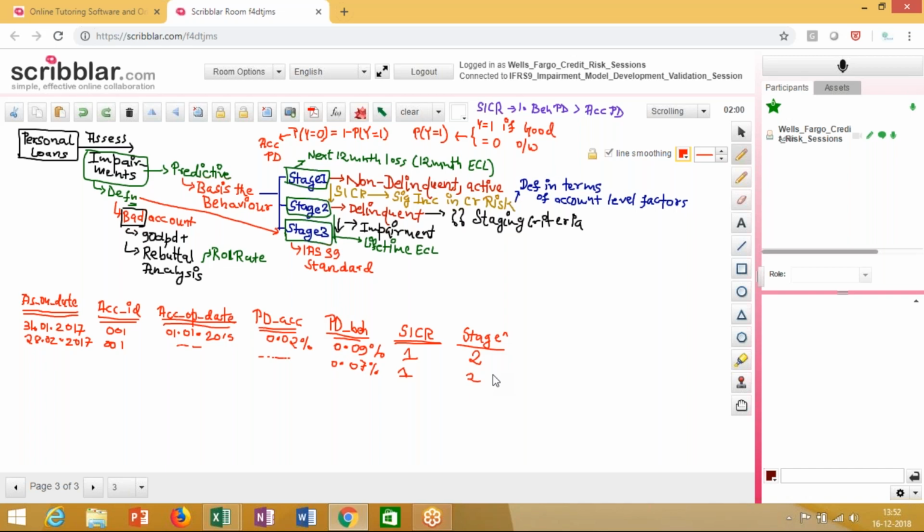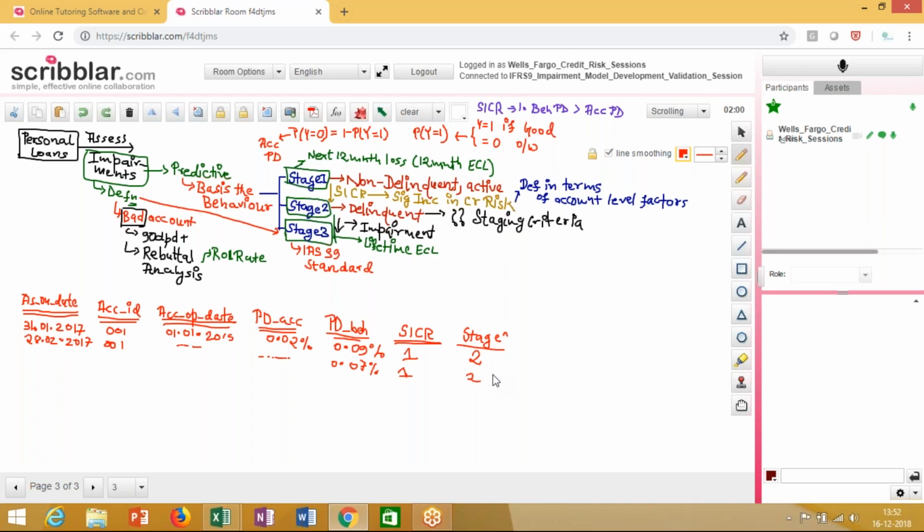Personal loans, the lending book. I got your question. Our ultimate objective is to compute the provision that I need to keep aside for this particular portfolio. If I need to calculate the provision for the portfolio, I need to do it for each account and then add it up.